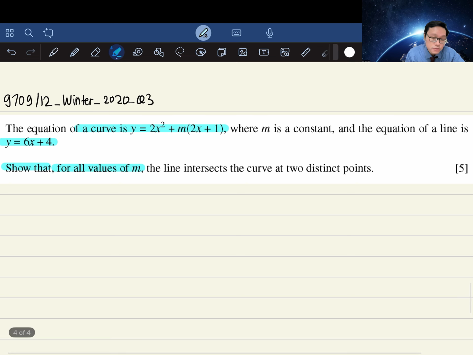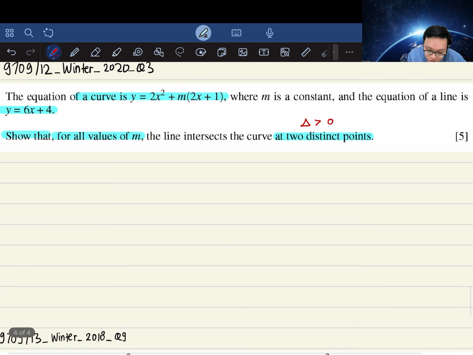We are not trying to find the value of m, but instead we want to show that for any value of m that you choose, the line always intersects with the curve at two distinct points. So two distinct points, that's the keyword. The discriminant has to be greater than 0.